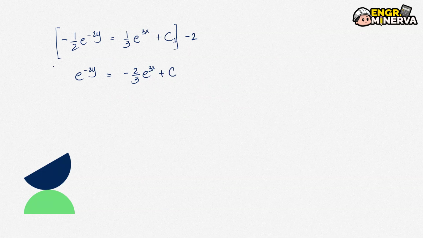Next, we take the natural log of the whole equation. That would be negative 2y equals natural log of negative 2/3 e raised to 3x plus c.